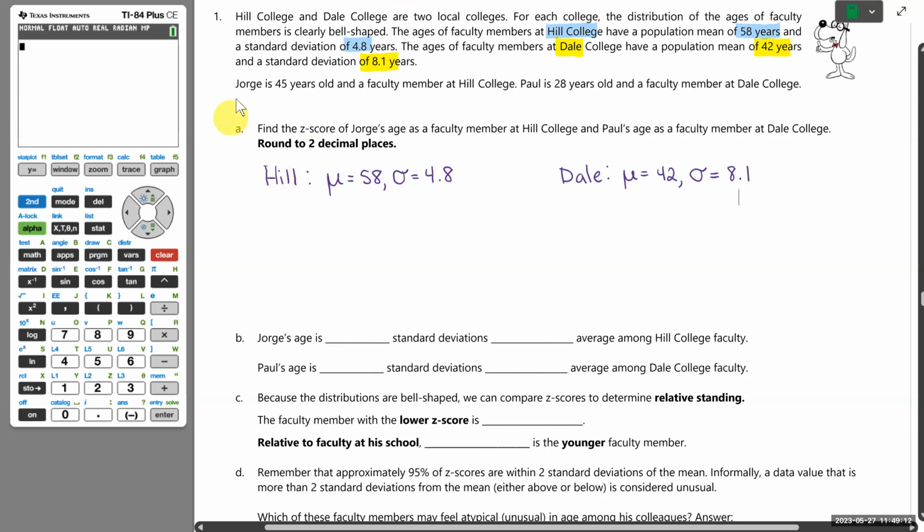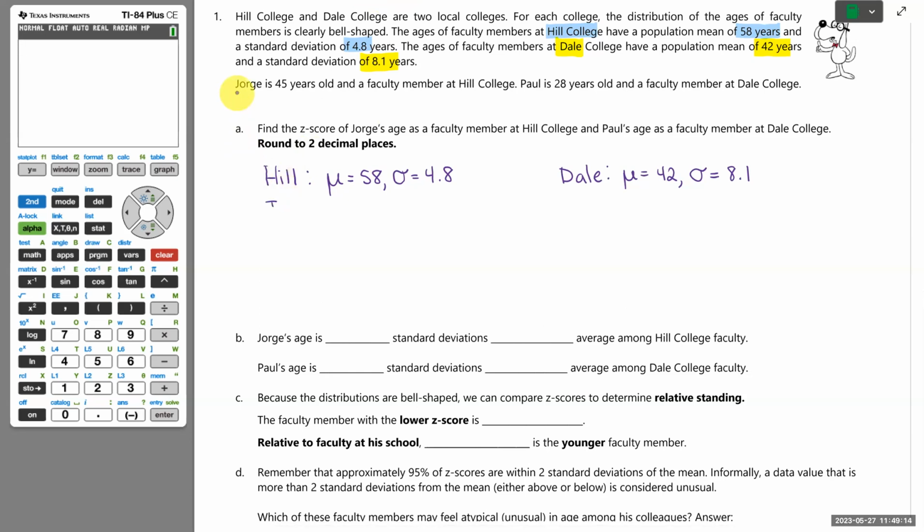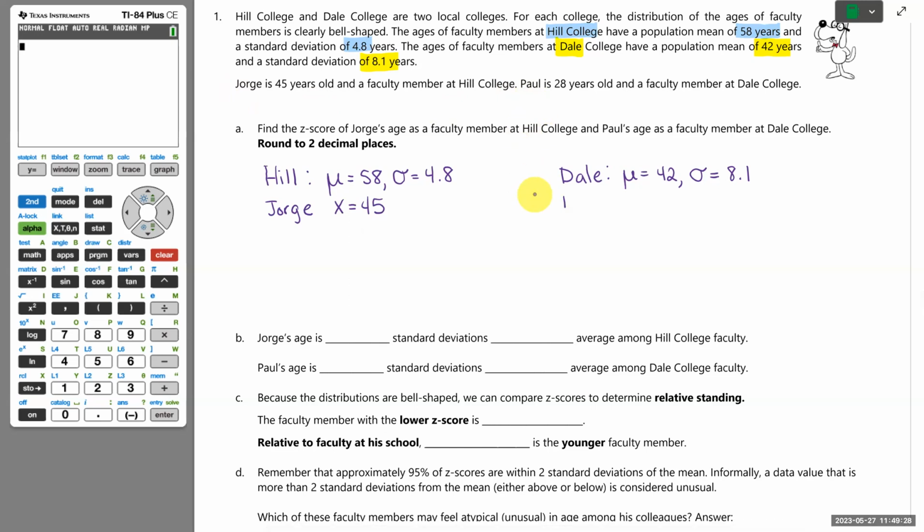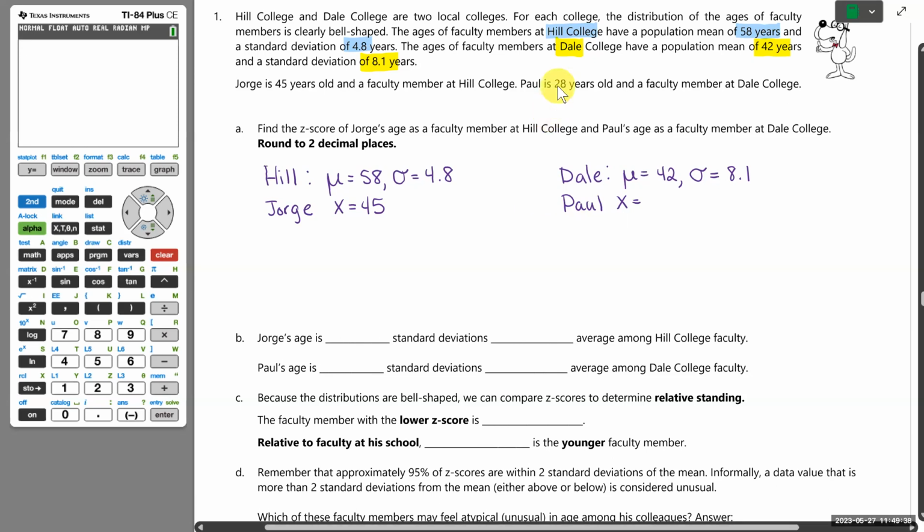All right, and then we have George. And George is 45. So X represents a data value from the population. So there's George. And then we have Paul over here working at Dale College. And X, his age, is 28.